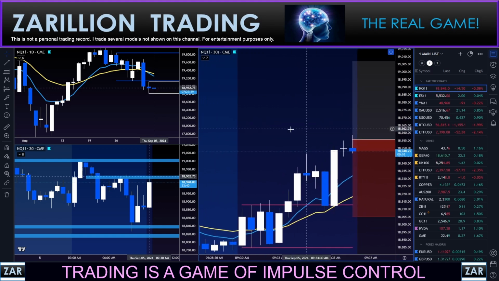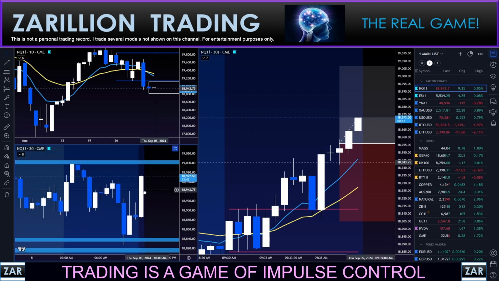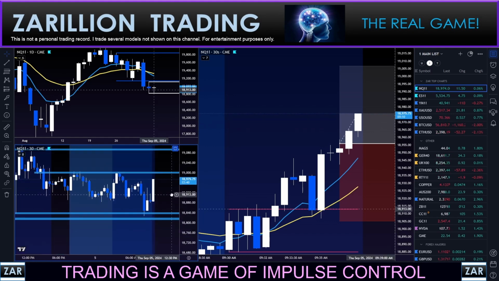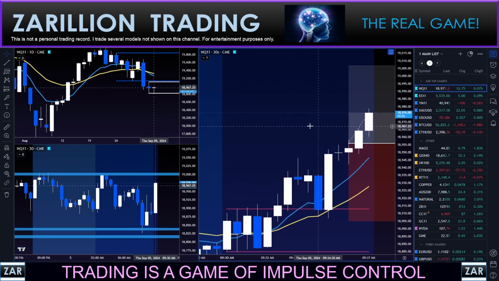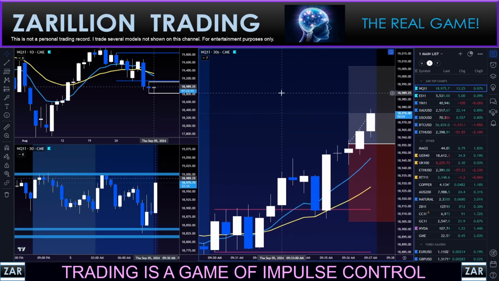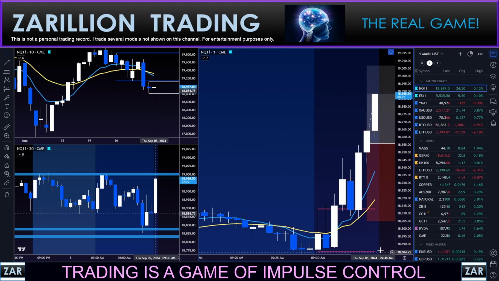I'll be right back. I'm going to remove this zone marker here, guys. It's not an important zone, as you can see. A very minor zone from the UK session, especially given what's been happening here in the bigger picture. Back to the 1 minute chart for a moment here.